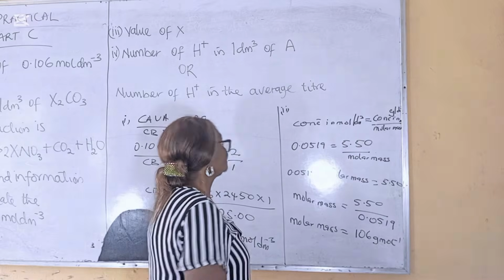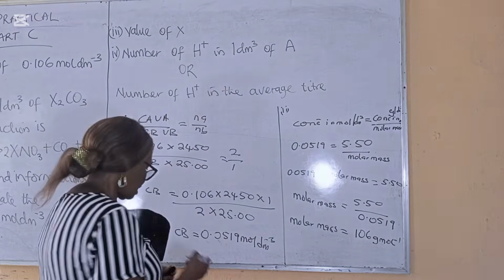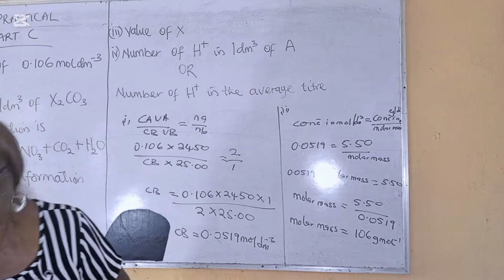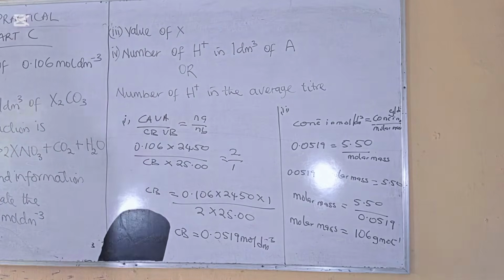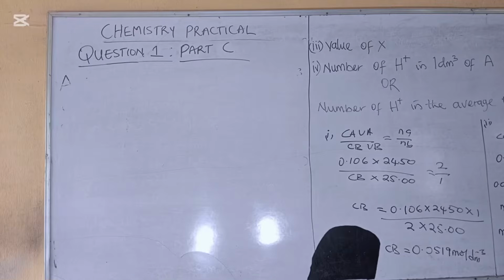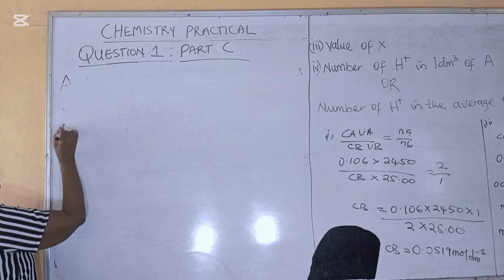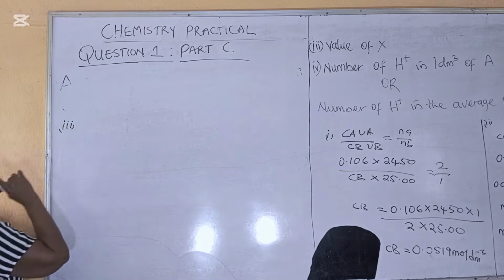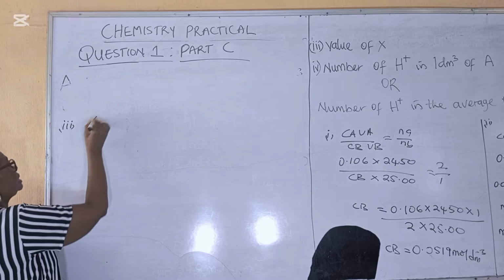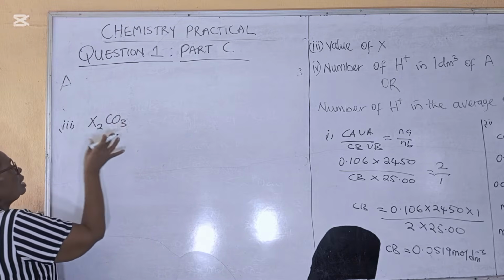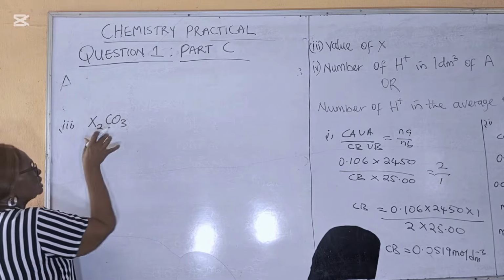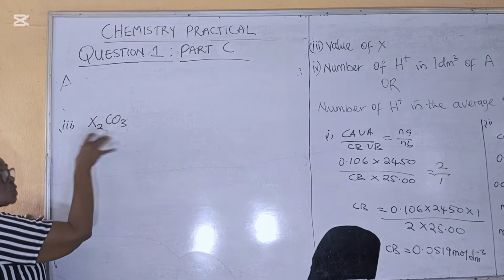That's the molar mass. Having known the molar mass, the examiner will also want you to find the value of X in that base, which is question number 3, Roman figure. That X is in the formula X2CO3. Remember, this is the formula mass, which is equal to molar mass.